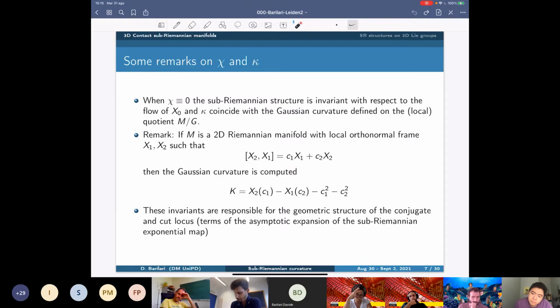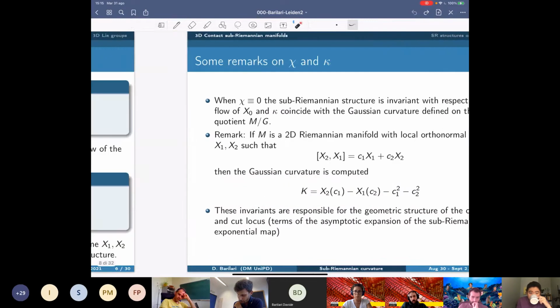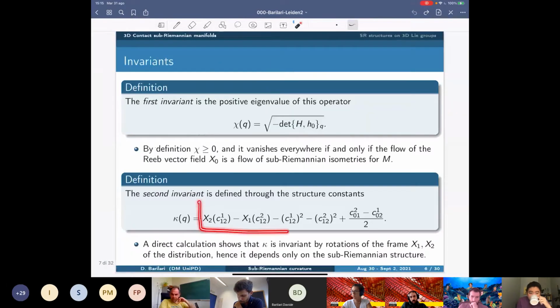In general, we have a classical formula for Gaussian curvature with the derivative of the metric. But if you use an orthonormal frame, the metric tensor somehow is diagonalized, and all the information goes into the Lie bracket of these two vector fields. So we have this formula here, and this formula is exactly the first part of this formula here. So you can see this relation. If this is 0, then this part here is killed, and then we stay with this.